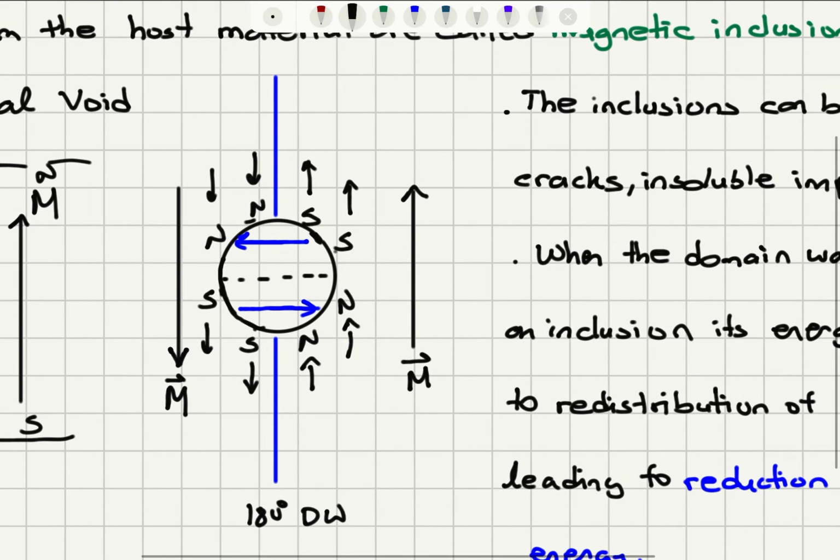And now I introduce a domain wall. Magnetization is pointing down on the left-hand side. So I have north poles on the top, south poles at the bottom. And to the right, I have magnetization pointing up, south poles at the top, north poles at the bottom. That means I will be creating a closure structure pointing from south to north on the top hemisphere and on the bottom hemisphere.